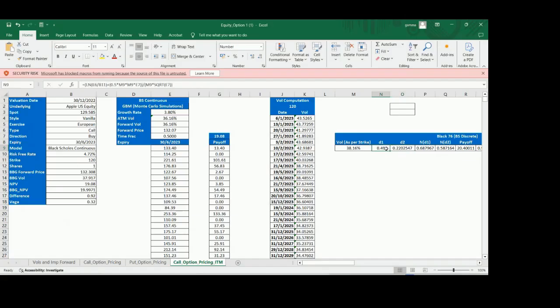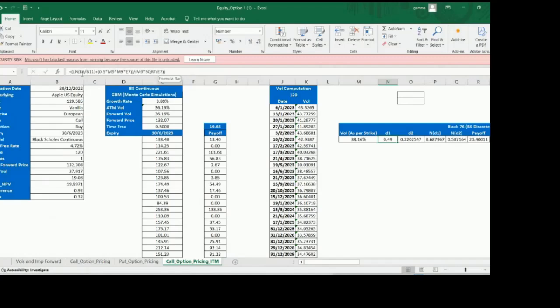If you're not aware of Black-Scholes, D1 and D2 are something which I always say you can consider to be a Z value, to get a proper intuition. A Z value is basically x minus mu by sigma, something very similar to this. D1 and D2 are kind of Z values.